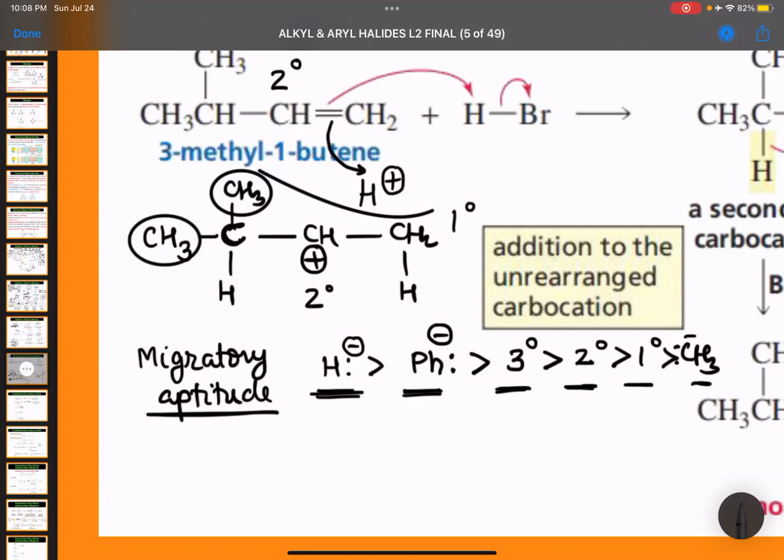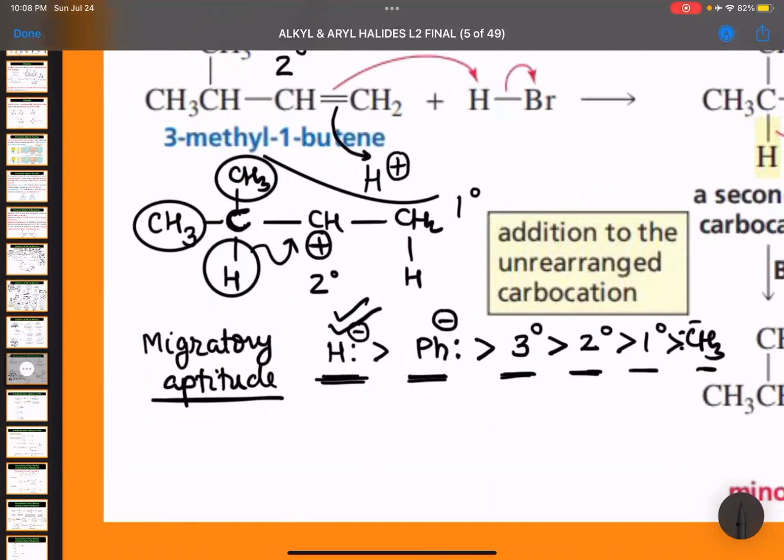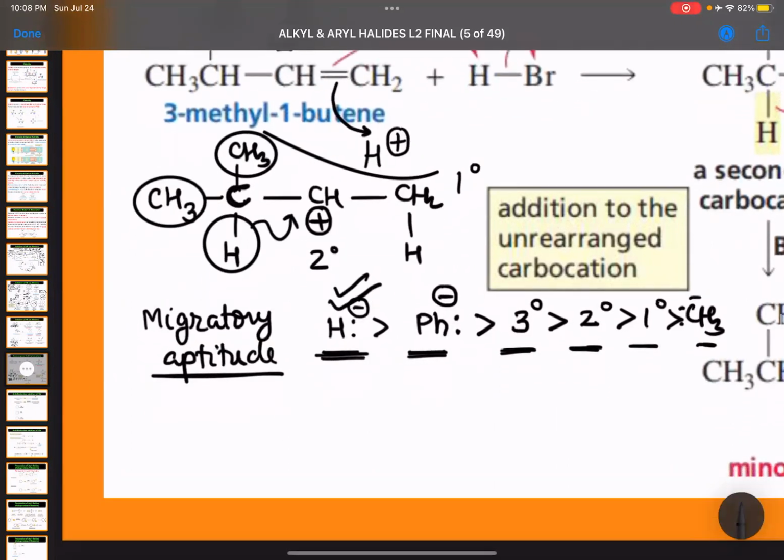And you can see there are two methyl groups and one hydrogen present on this carbon. As per the migratory aptitude, H minus will get shifted to that carbocation because it has more migratory aptitude. Okay, clear? So this will get shifted on that side. What will you get?